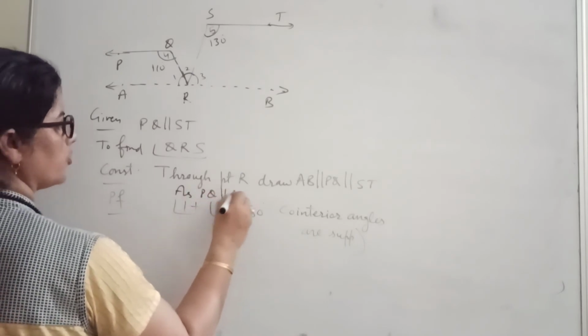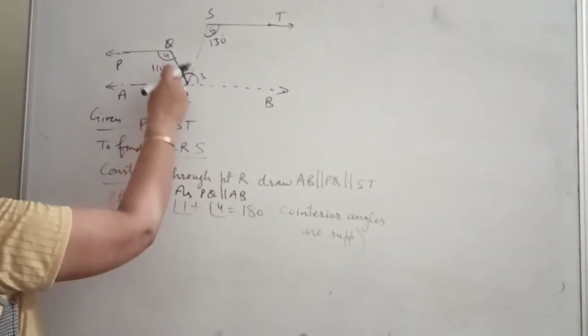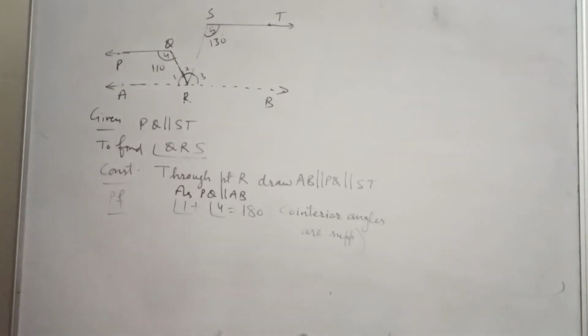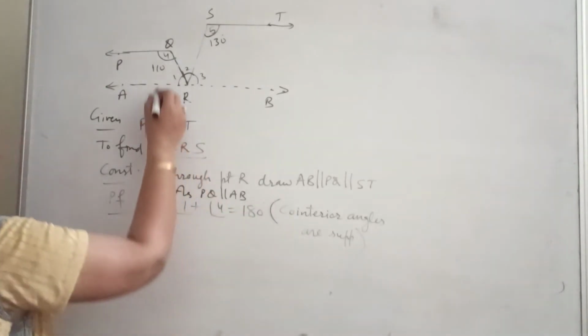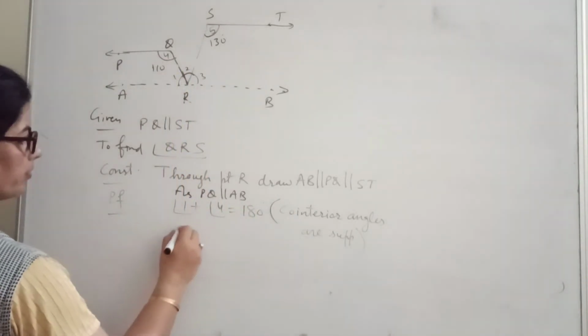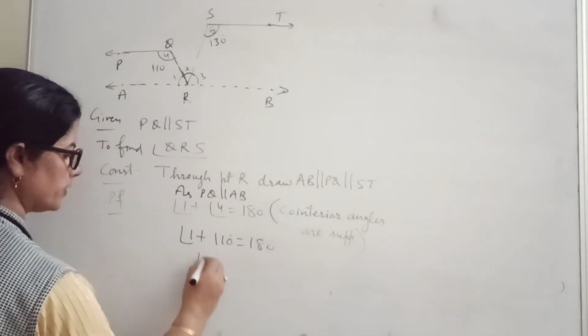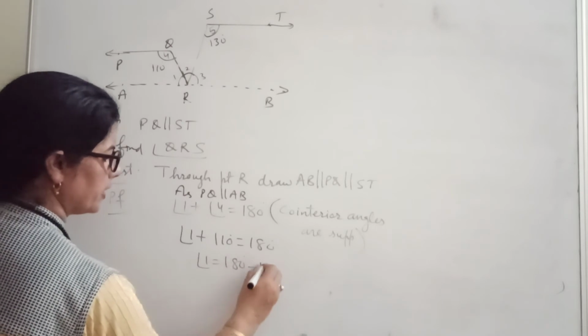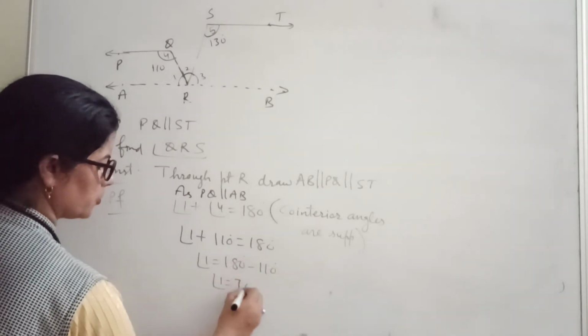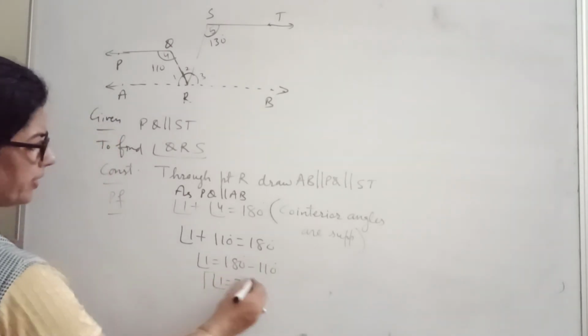As PQ parallel to AB, therefore the sum of 1 and 4 is 180 degree because co-interior angles are supplementary. What is the measure of angle 4? 110. 110 we will shift there and it will be 70 degree. So this is the value of angle 1, 70 degree.